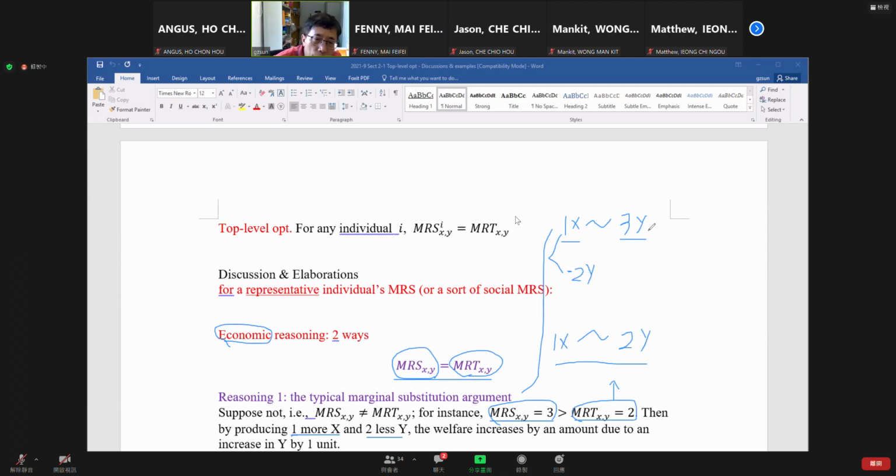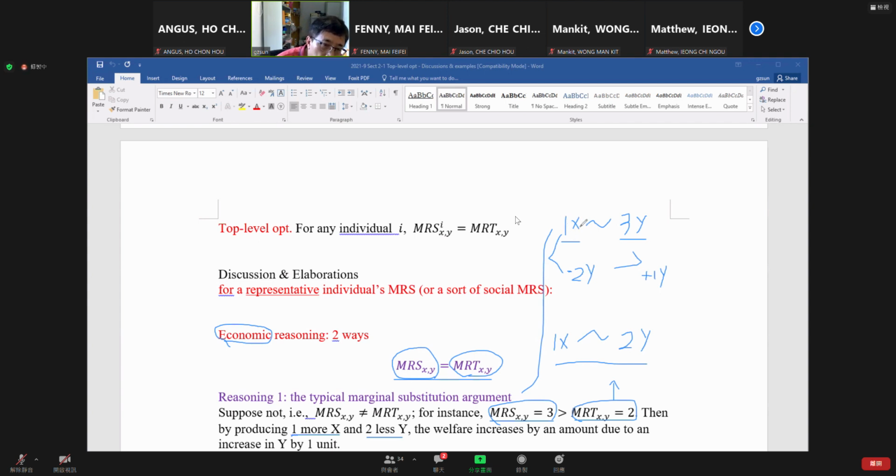So therefore, for the consumer, effectively, she has 3 more Y and 2 less Y. So altogether, the consumption of Y increased by 1. At the same time, the consumption of X doesn't change. Remember, here we increase 1X.